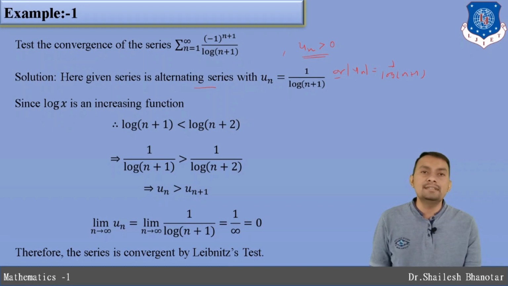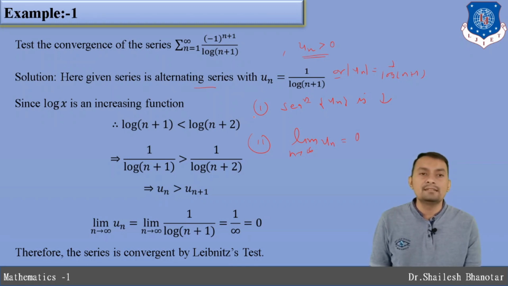To satisfy the two conditions of the Leibniz test, the first condition says that the sequence u_n should be decreasing, and the second condition says that the limit as n tends to infinity of u_n should be 0.